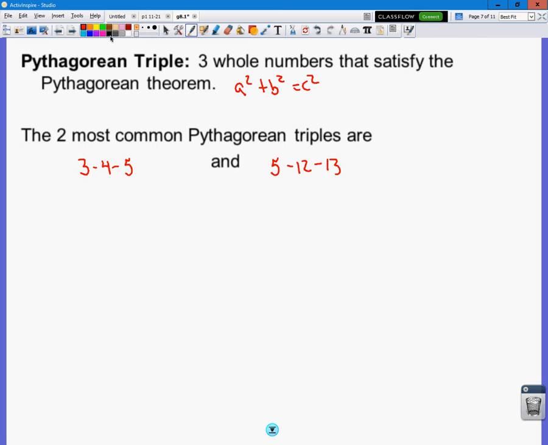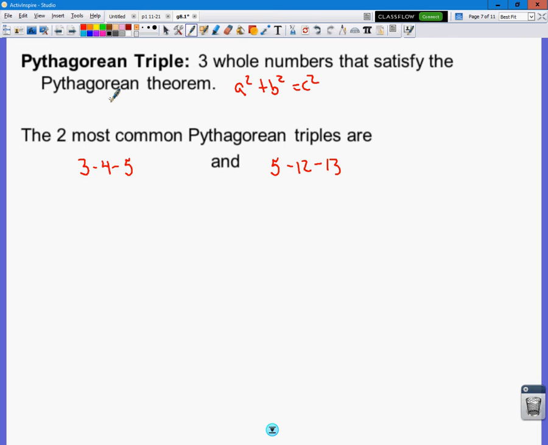These are common because they're used in construction all the time. In fact, a roof pitch in the south is very likely to be a 5, 12, 13 pitch. Up north, it's very likely to be a 3, 4, 5.